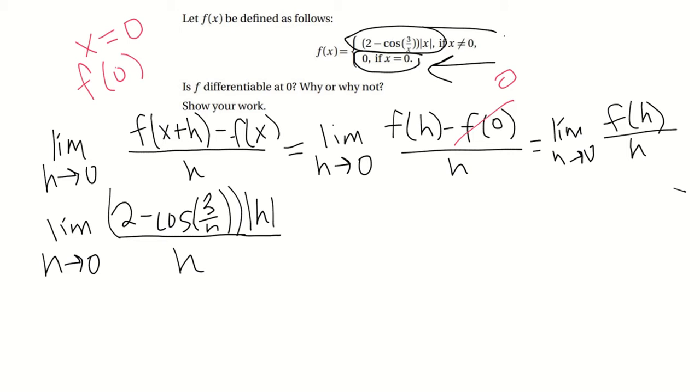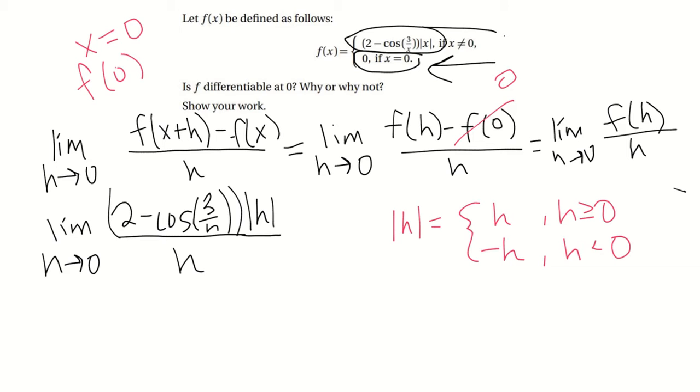Okay, now let's look at what happens to the absolute value of h. The absolute value of h is just h if h is greater than or equal to 0, and its opposite, negative h, if h is less than 0.